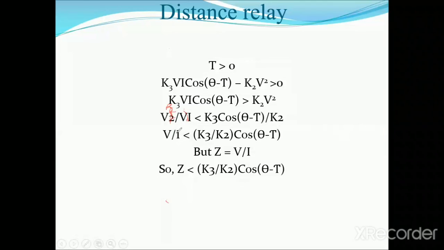Then we obtain V by I less than k3 by k2 cos of theta minus tau, where Z is equal to V by I. So Z is less than k3 by k2 cos of theta minus tau.